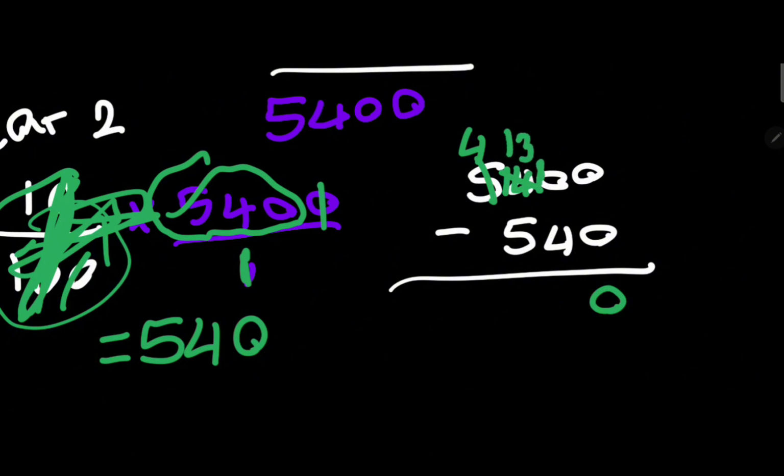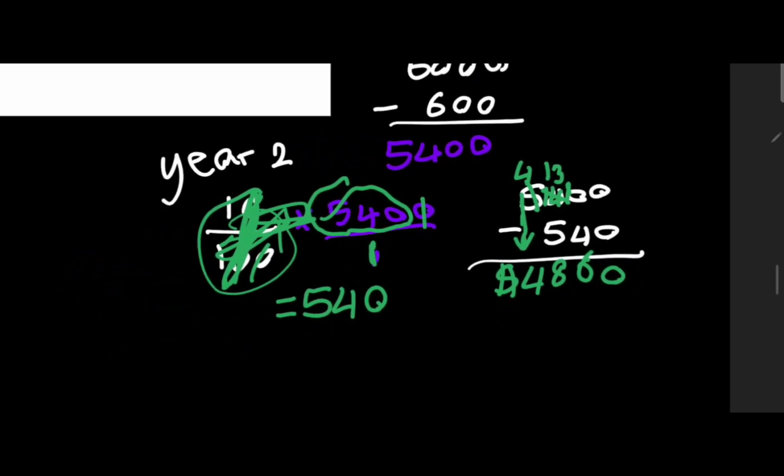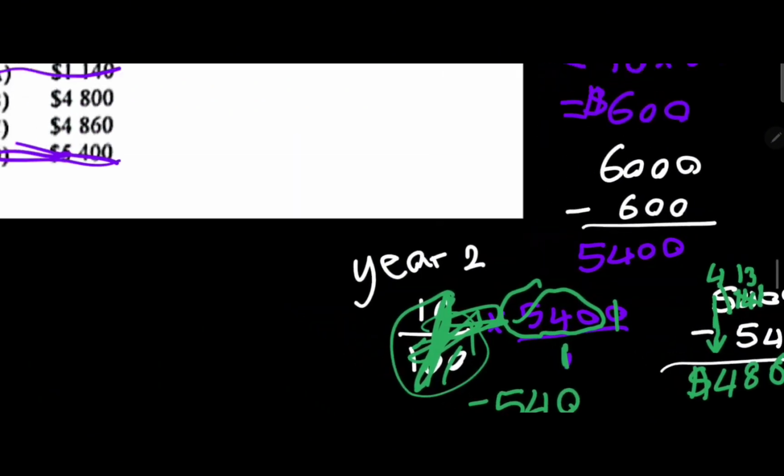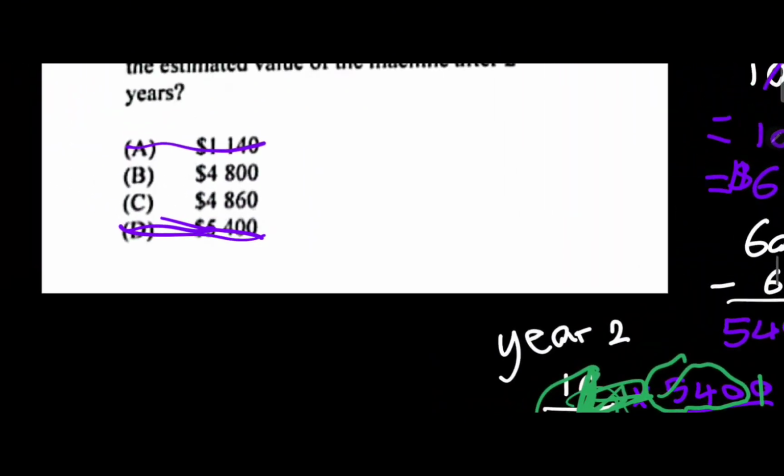So 4 from 10, that's going to be 6. 5 from 13, that is 8. And we simply bring back down the 4. So that's going to be $4,860 at the second year. That would be the estimated value of the machine, 4,860. So this lends itself to option C.